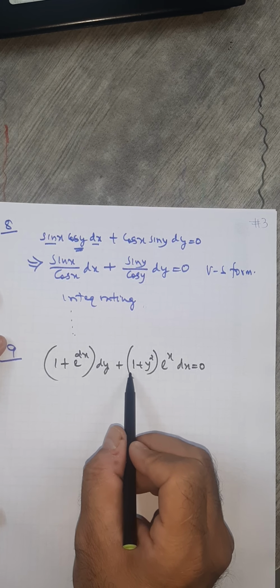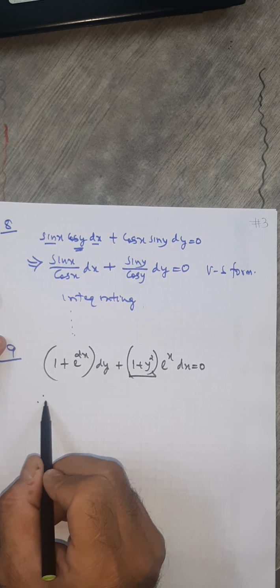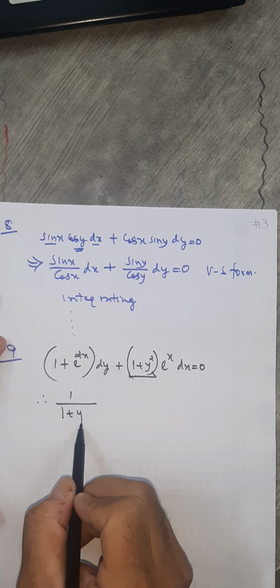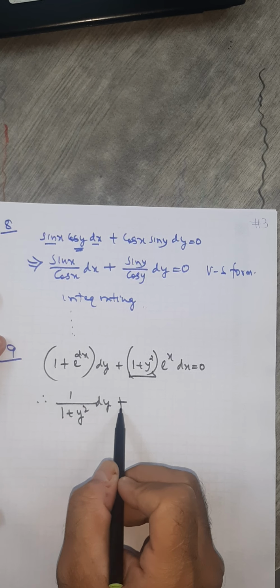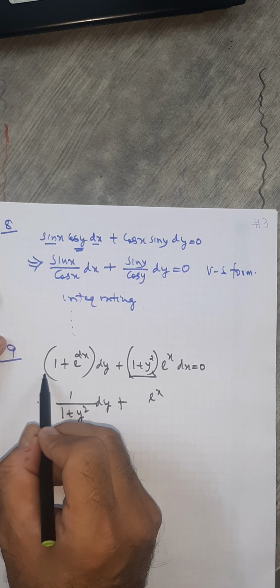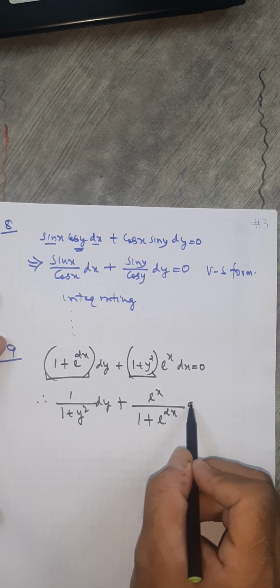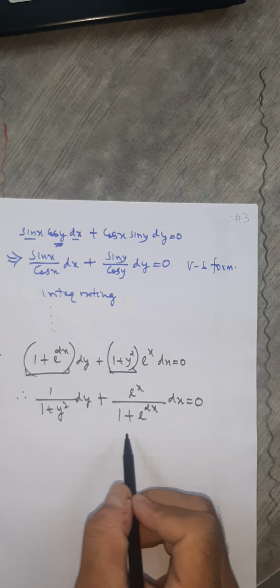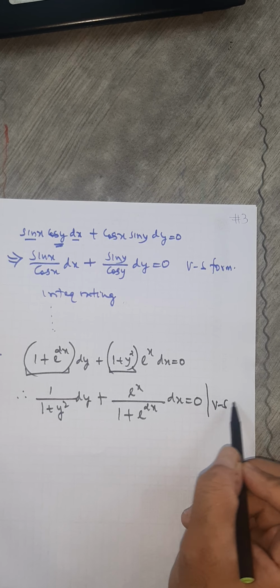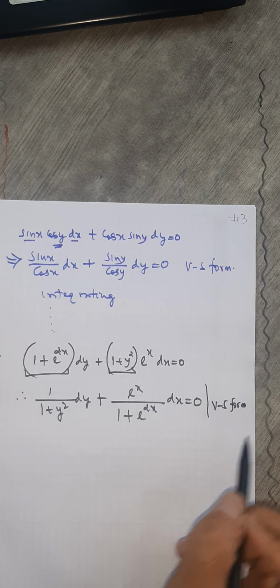So we take 1 plus y square down here. So 1 upon 1 plus y square dy. e raised to x as it is, I'll take this one over here. So 1 plus e raised to 2x dx equals 0. This is which form? VS form, variable separable form, remember.